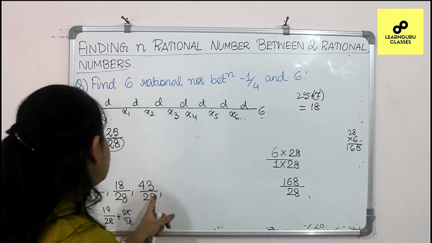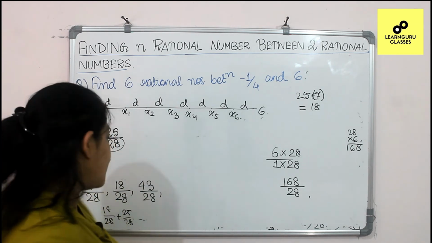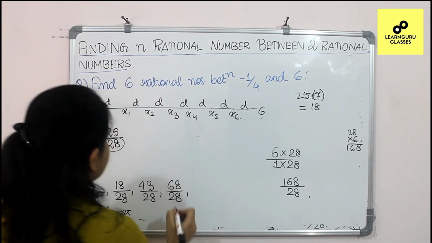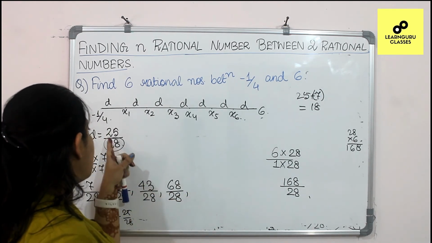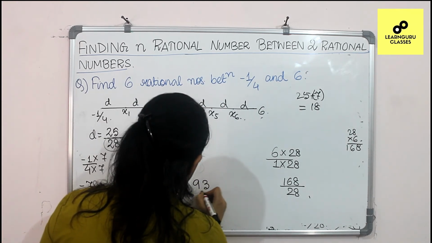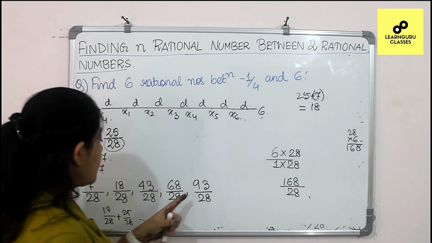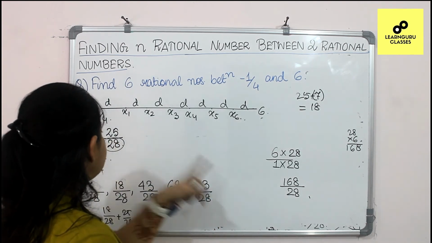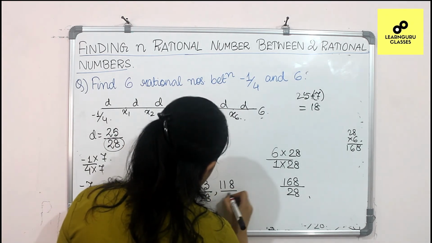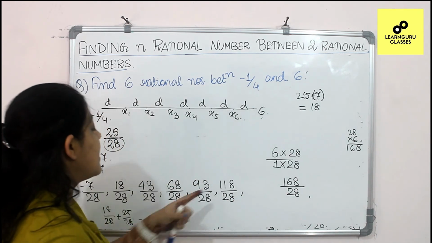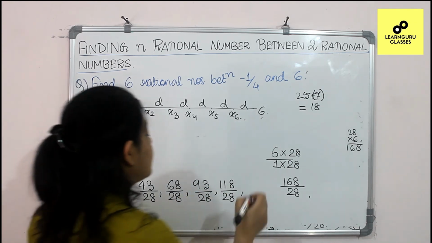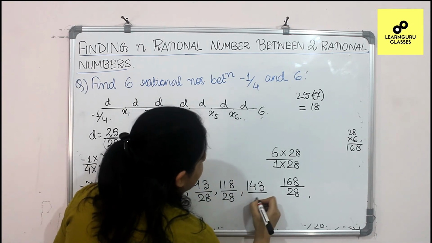Next is 43 by 28 plus 25 by 28, so you will be getting 68 by 28. So 68 by 28 plus 25 by 28, you will be getting 93 by 28. 93 by 28 plus 25 by 28, so you will be getting 118 by 28. 118 by 28 plus 25 by 28, how much will you get? 143 by 28.